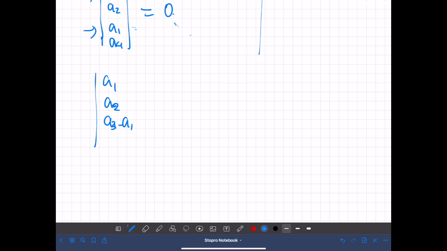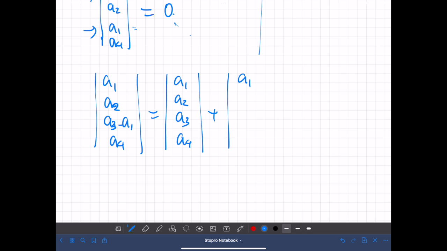So A3 minus A1, A4. First of all, we can split this into two determinants: A1, A2, A3, A4, plus A1, A2, negative 1 times A1, A4.